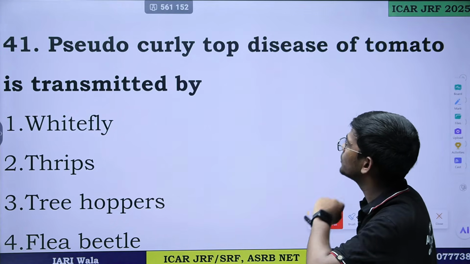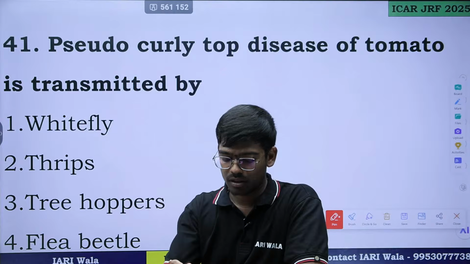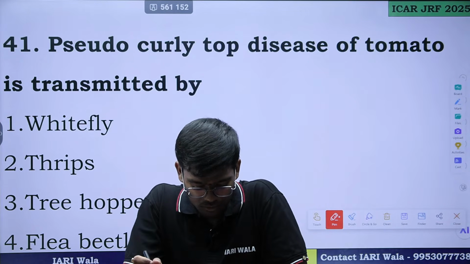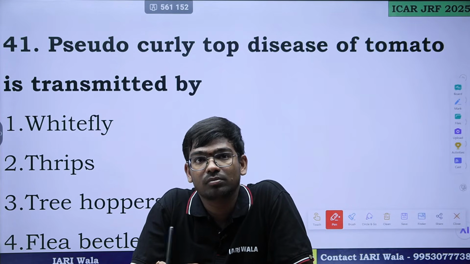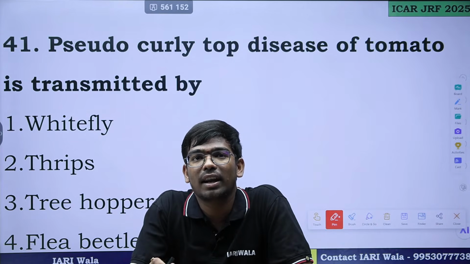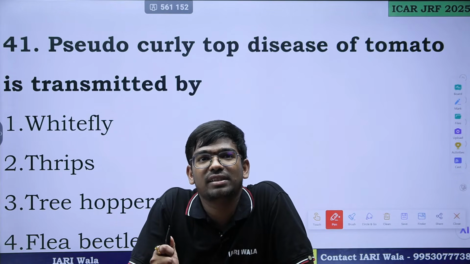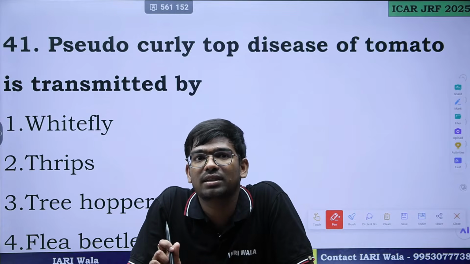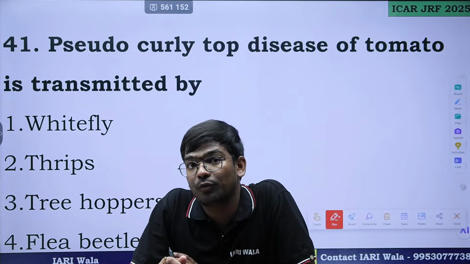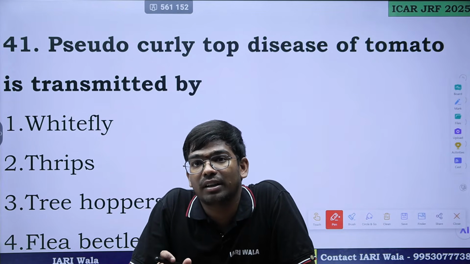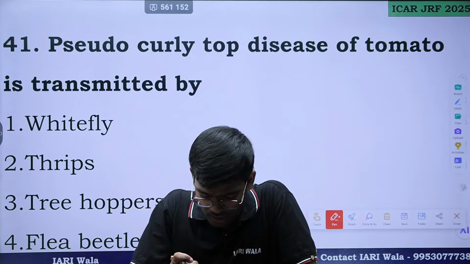And 41: pseudo curly top disease of tomato is transmitted by. Pseudo curly top disease of tomato is transmitted by. First one whiteflies, second one thrips, third one tree hoppers, and fourth one flea beetle. Gaming confidently kept 4. It is flea beetle. It's wrong. And the rest of the people, Chaya and Anshul Gupta, who all gave, they kept 3.